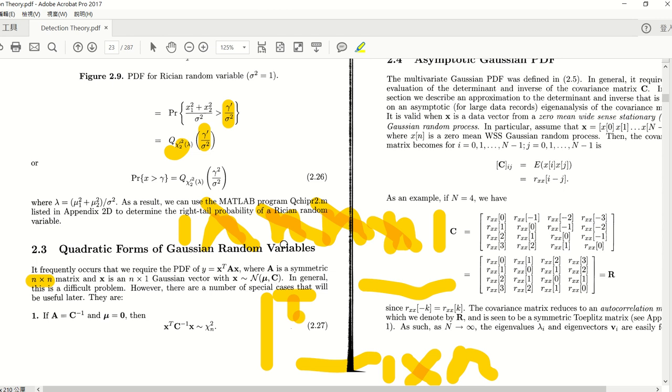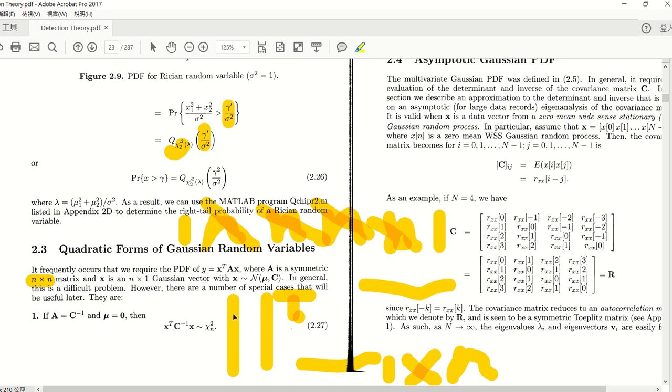I explained what the mu vector and C were before, right? This mu vector is a column vector, while its first element is the mean of the first random variable.